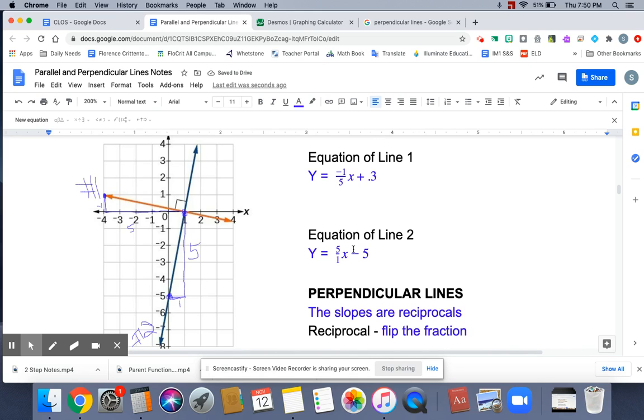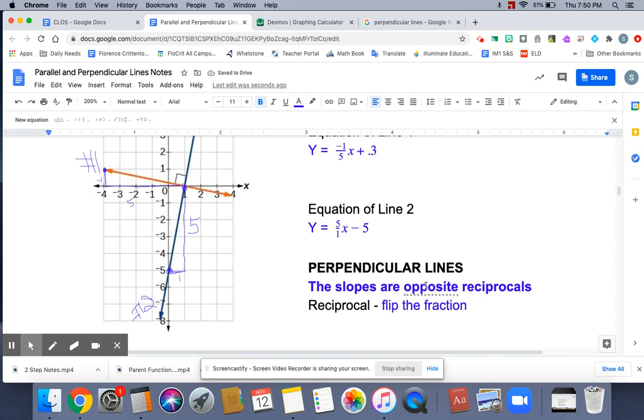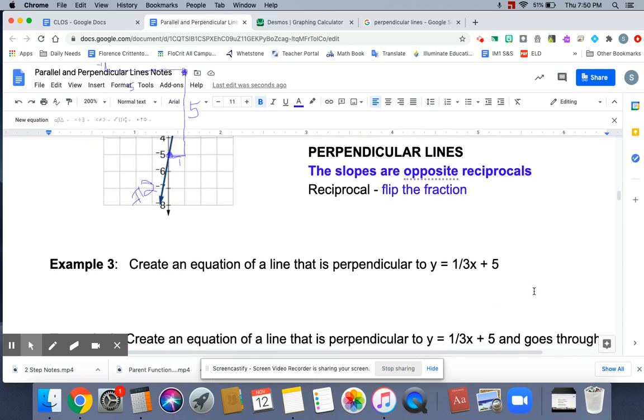But they're not just reciprocals because it's not just the flip fraction. They're also different signs. This one's negative and this one's positive. And so when they're different signs, they're called opposite reciprocals. So this is always true about perpendicular lines, that the slopes are opposite reciprocals.